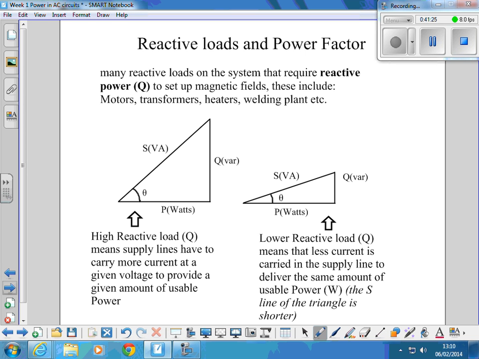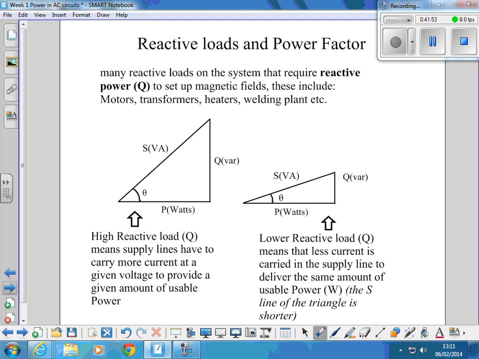So, reactive loads and power factor. There are many reactive loads on a system that require reactive power Q to set up the magnetic fields. They include motors, transformers, heaters, welding plant, X-ray machines, dozens of things in a factory industrial situation taking reactive power.